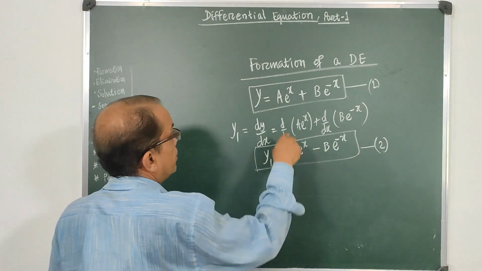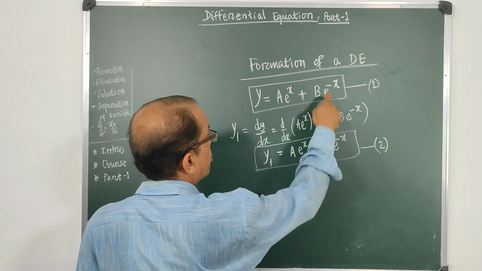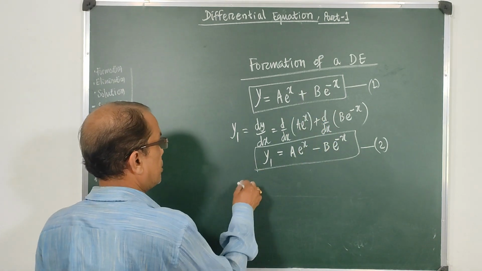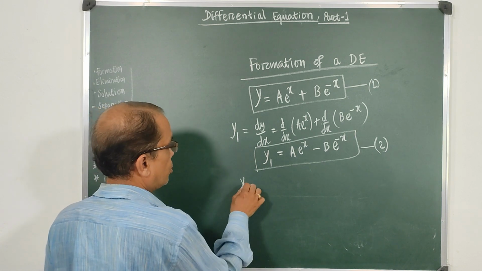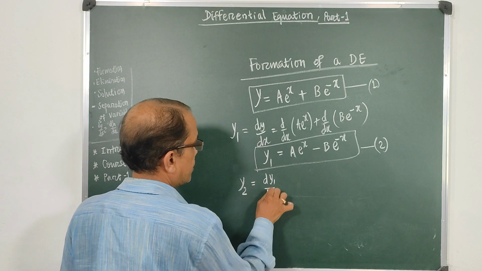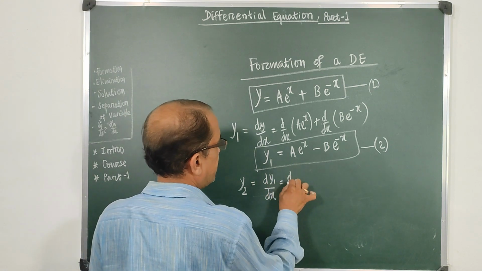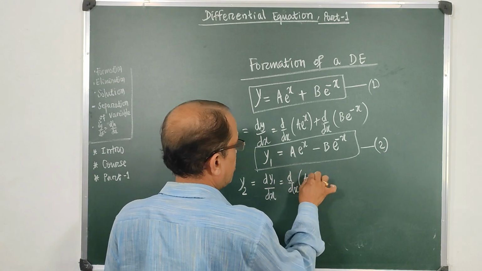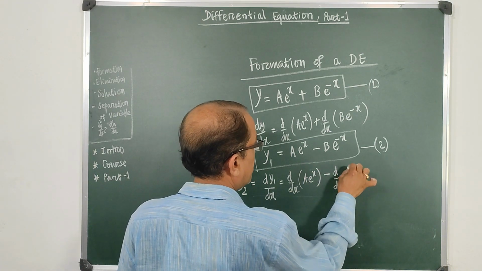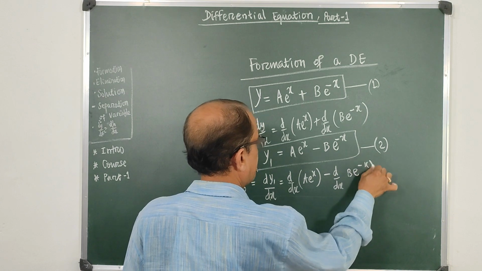Now we see that these terms are equal, but this term has changed its sign. So let us go for the next differentiation, the second derivative. That means it will be dy1 by dx, which will be d by dx of a e to the power x minus d by dx of b e to the power minus x.